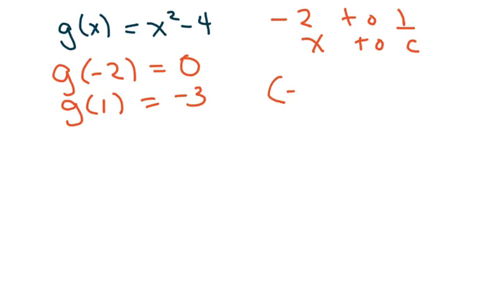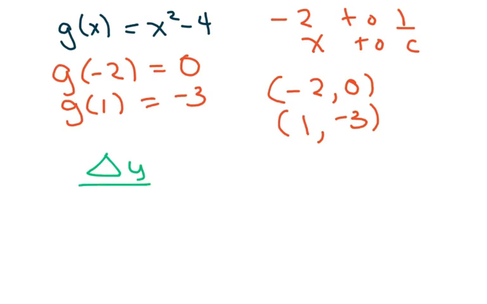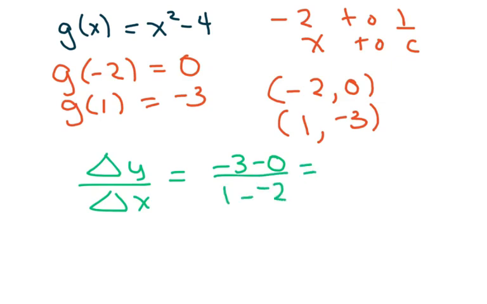And you just use your basic slope formula. So we're going to do negative 3 minus 0 over 1 minus a negative 2. That gives me negative 3 over 3. We're getting a lot of negative 1s. So my slope is negative 1.